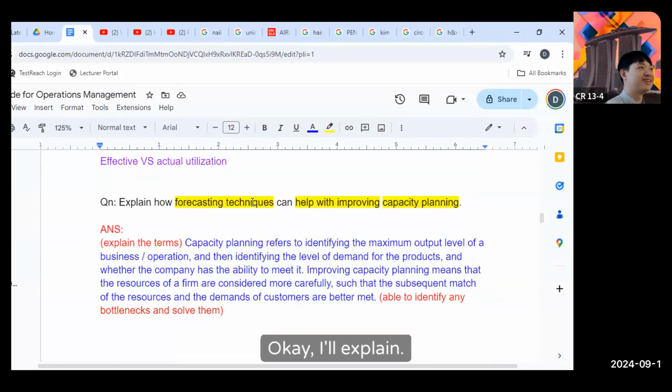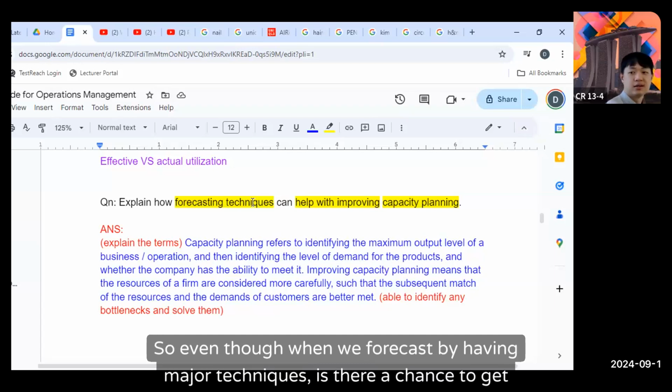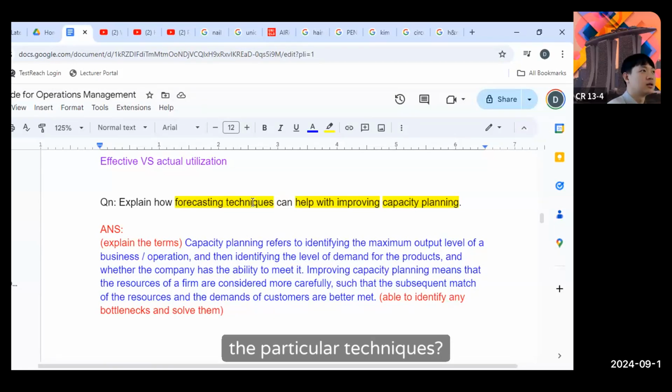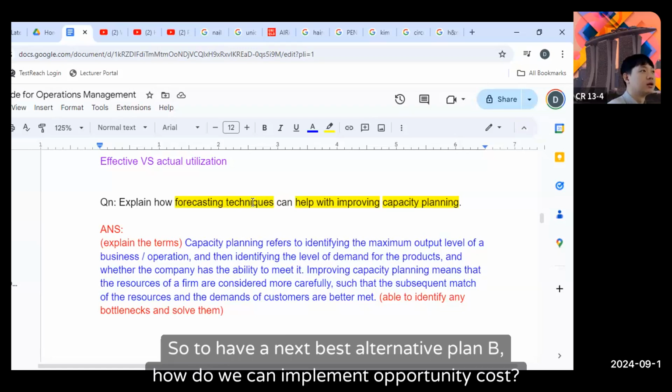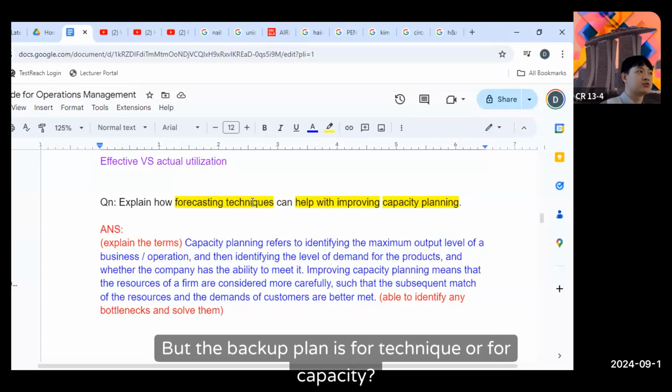Opportunity cost is the next best alternative. Even when we forecast using major techniques, is there a chance of failure in that particular technique? So to have a next best alternative, a plan B, we can implement opportunity cost. That means you have a backup plan, for capacity.